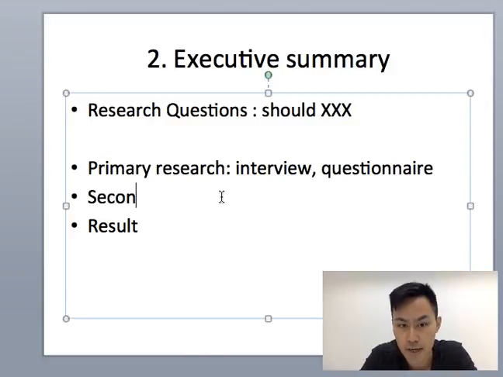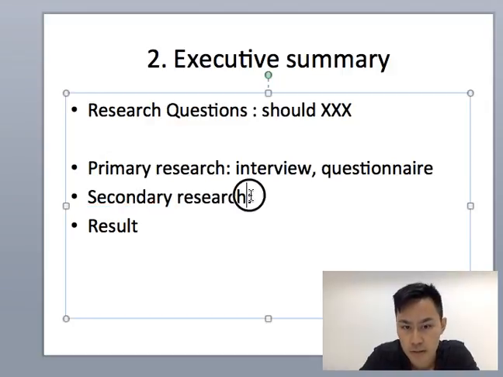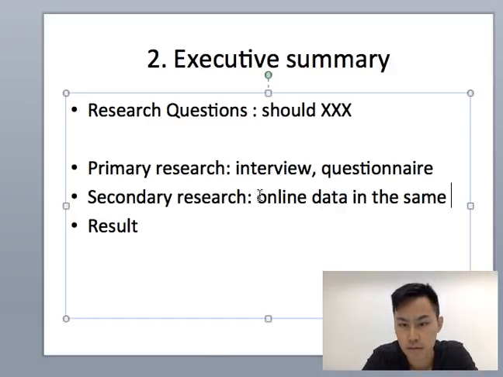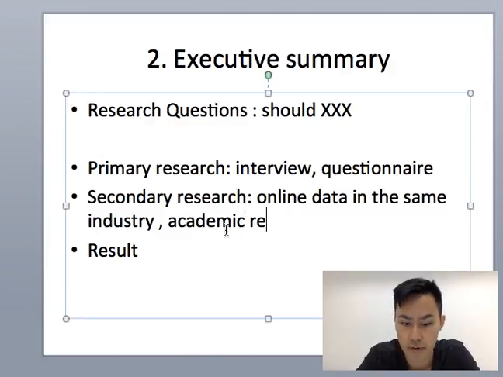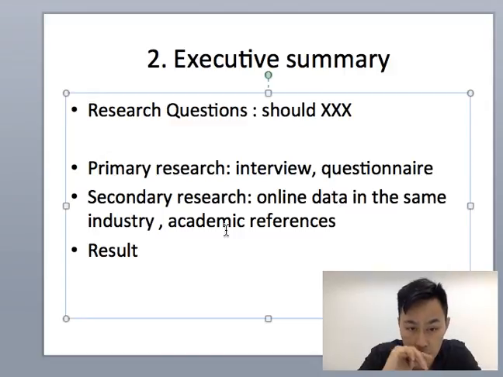And also for the secondary research, you can compare the online data in the same industry, right? And also maybe you can use academic references to compare the numbers.